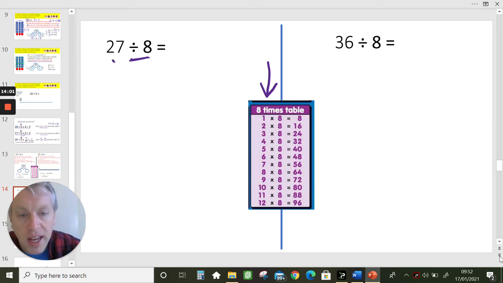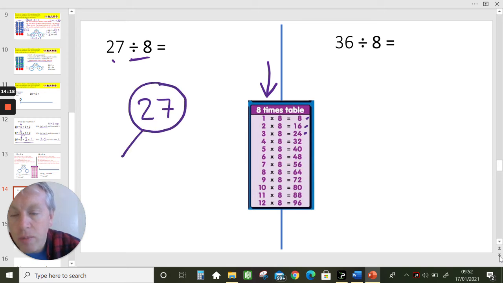So 1 times 8 is 8, 2 times 8 is 16, 3 times 8 is 24. The next one is 32. That's more than 27. So I'm going to split my 27 into 2 parts.